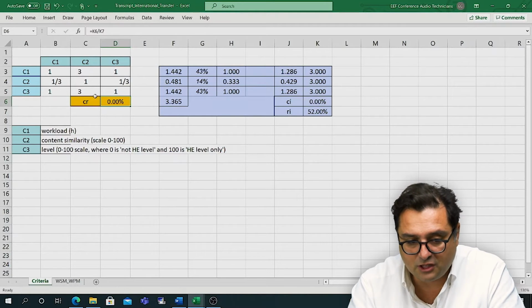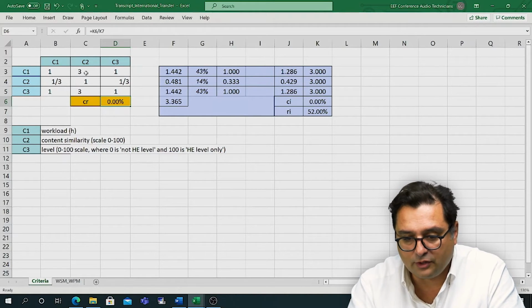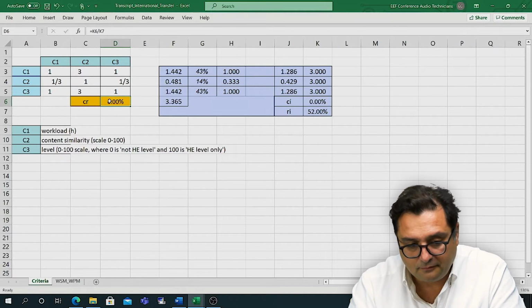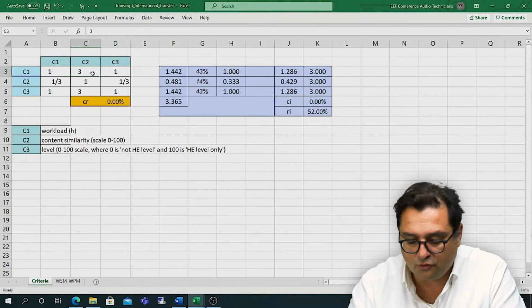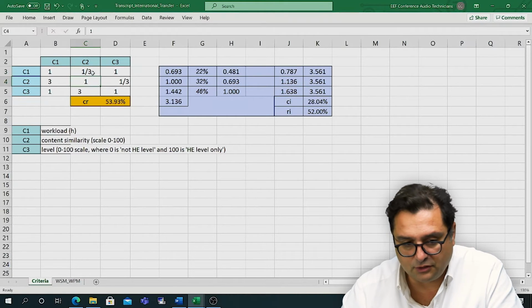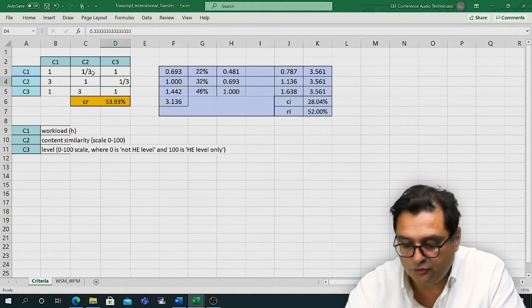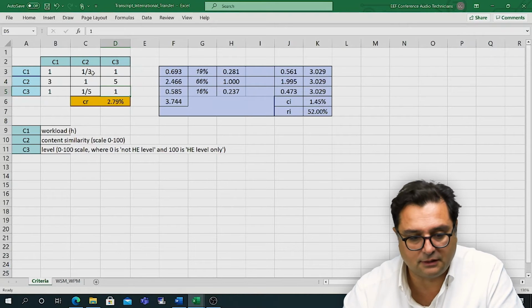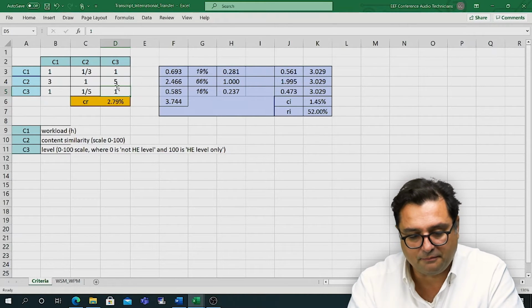That means that our judgment here is absolutely correct. So what you can see here is, let's say, a perfect judgment. But let's use the values of the original judgment. C1 is 1/3 of C2, and C2 is 5 times more important than C3.